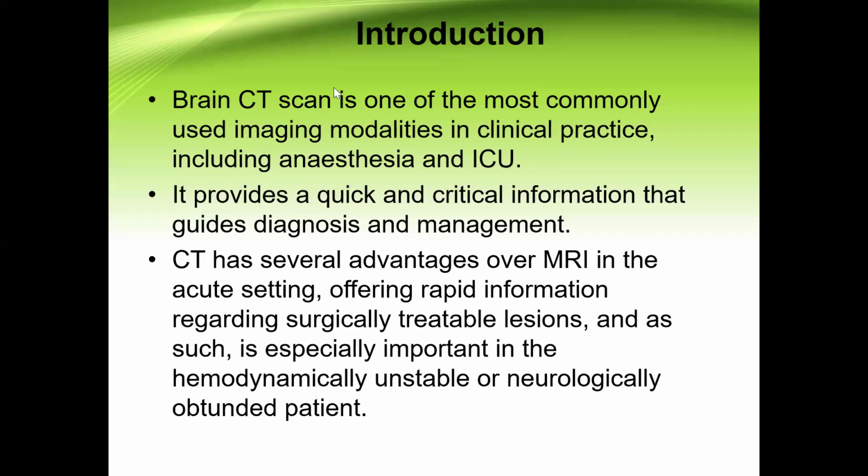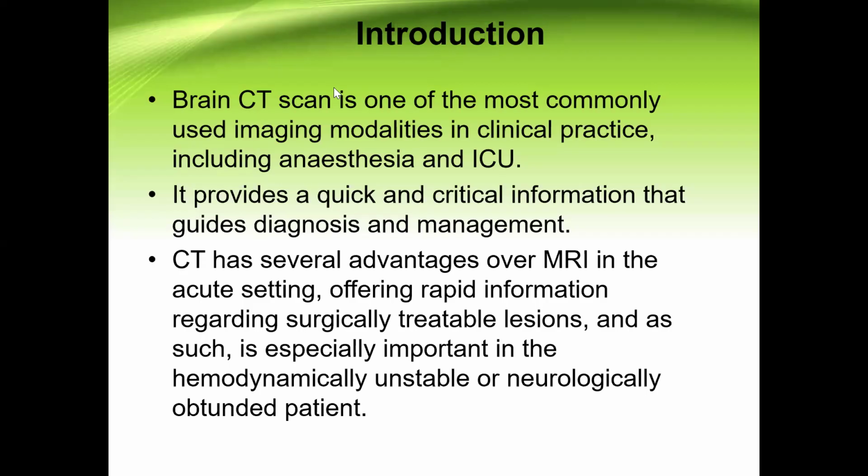This is very critical, and as such is especially important in the hemodynamically unstable or neurologically obtunded patient. In as much as MRI has advantages because it gives you more detailed information on vascular and tumor regions, CT gives you very rapid information regarding treatable lesions.